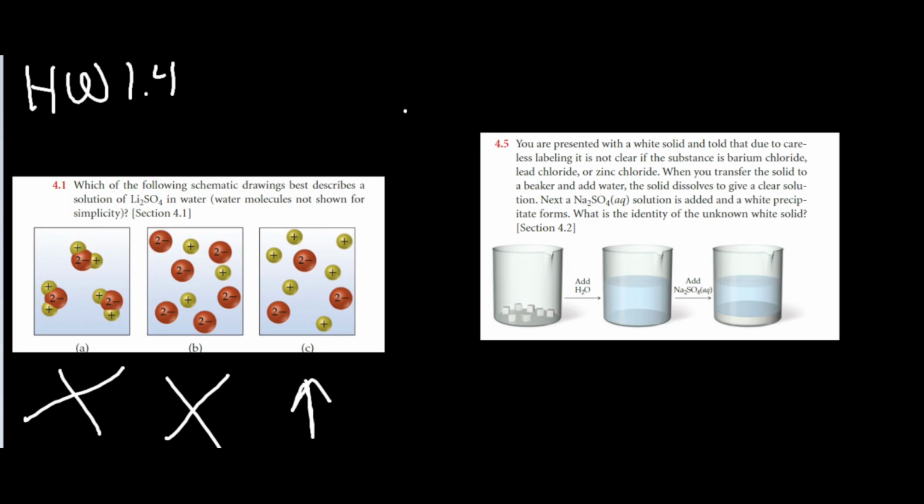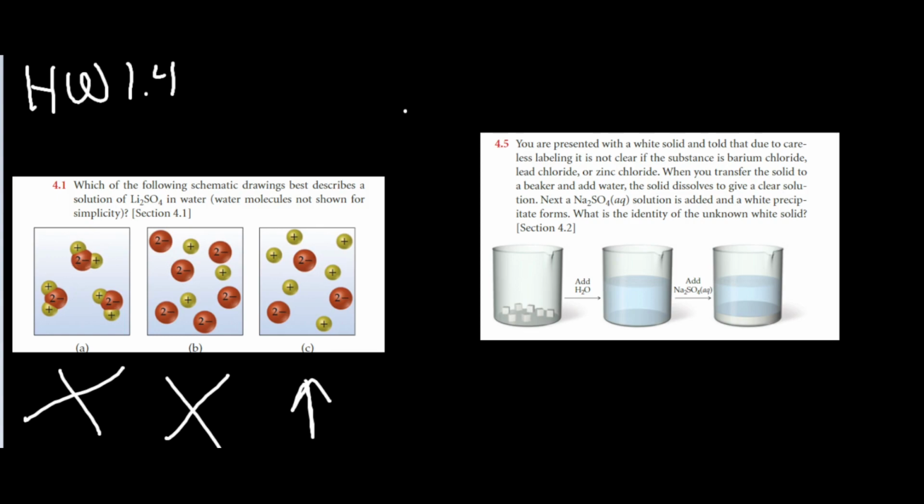So for number 5, this is saying that we don't know the identity of a compound, but if we put it in water, it doesn't precipitate, it dissolves just fine. And if we put sodium sulfate in it, a precipitate forms. With that information, and for now you can use a solubility chart, you should be able to solve this problem.